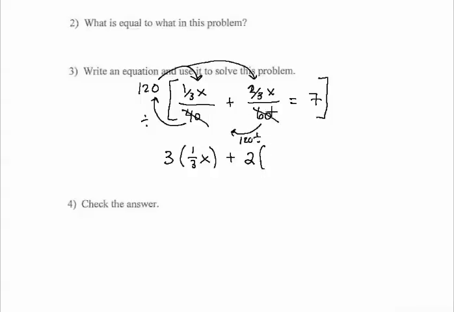The 60 gets knocked out, and now we get what's left on top times the 2. And last but not least, don't forget to multiply the 7 by the 120 also. We end up with 840.